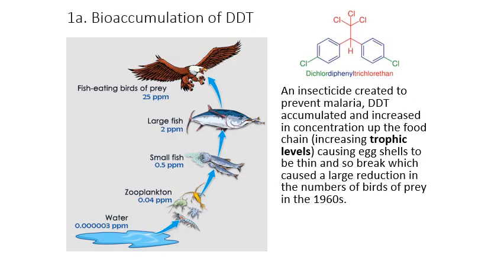Okay, so this is an example here of the bioaccumulation, leading to biomagnification of DDT. So what happens basically is the insecticide DDT is put into the water to kill malaria. Zooplankton interact with that, bring it into their cells.